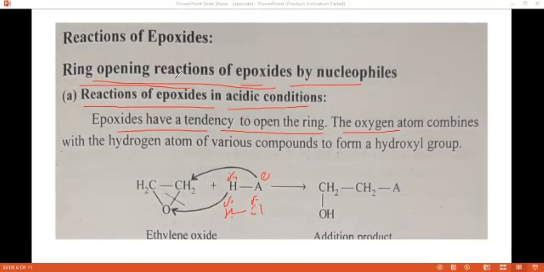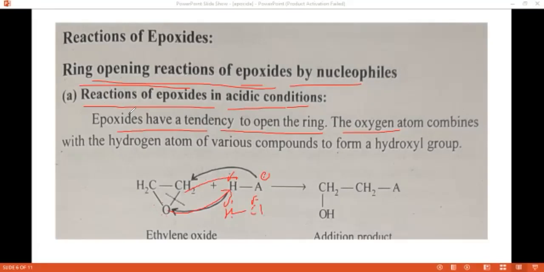Now this oxygen atom combines with the hydrogen of various compounds, then forms the hydroxyl group, the OH group.